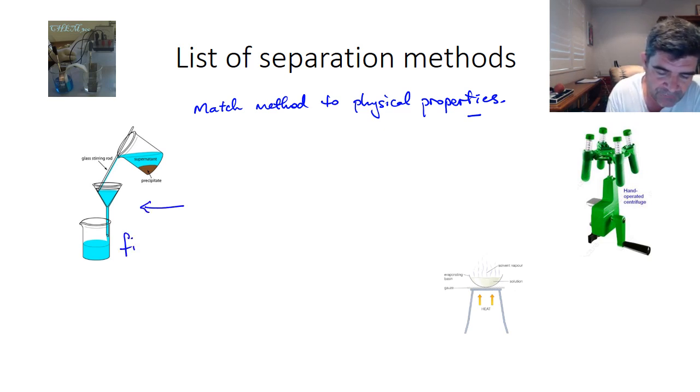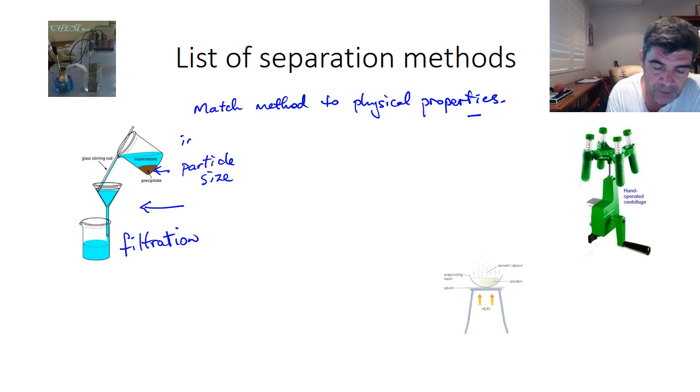So this is filtration. This is one example of a separation method I'm sure you're familiar with. This happens when we have a material, a solid perhaps in this case, that will not dissolve in water. It has a larger particle size.